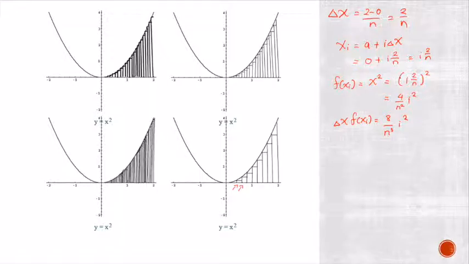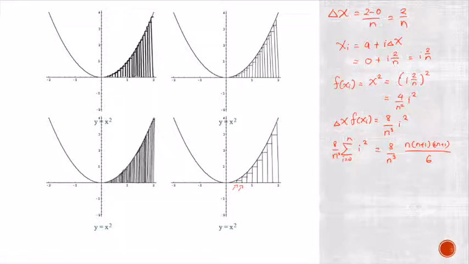In the final step, we take 8 over n cubed times the summation as i goes from 0 to n of i squared. As we know, the summation of i squared is n times n plus 1 times 2n plus 1 over 6.